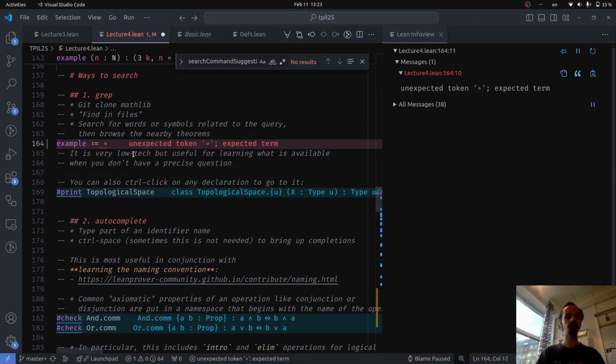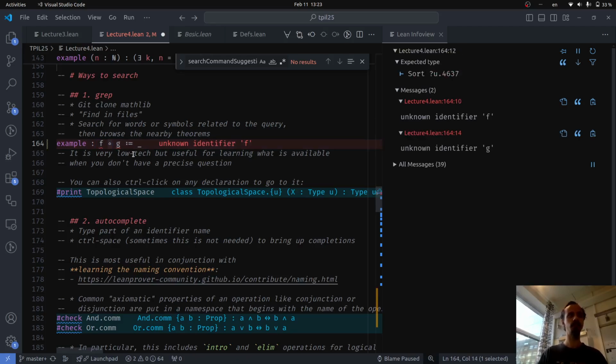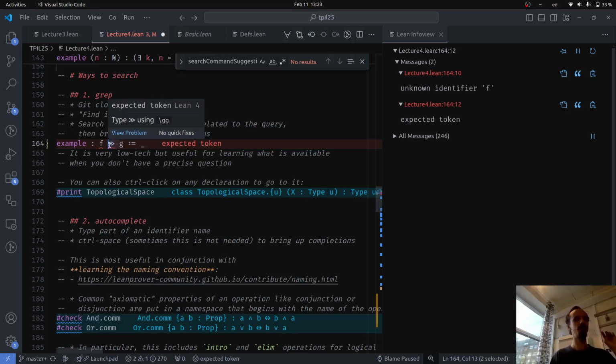Oh yeah, actually there is. In the category theory library, they like it to be the other way around, and they use a different symbol for that. It's the general symbol for composition in a category.